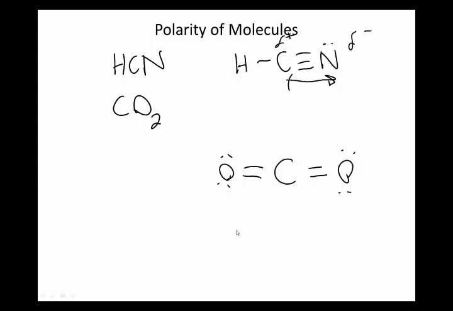Carbon has one polar bond going towards oxygen. Oxygen, being further to the right on the periodic table, is more electronegative than carbon. This other oxygen is going to have something like this, right?